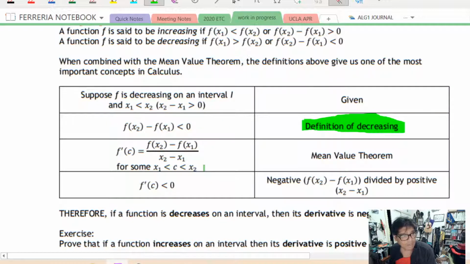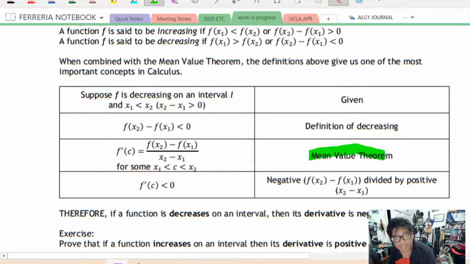Okay, now what we're going to do is take a look at the mean value theorem. The mean value theorem says that f prime of c is going to be equal to f of x2 minus f of x1 over x2 minus x1 for some c between x1 and x2.